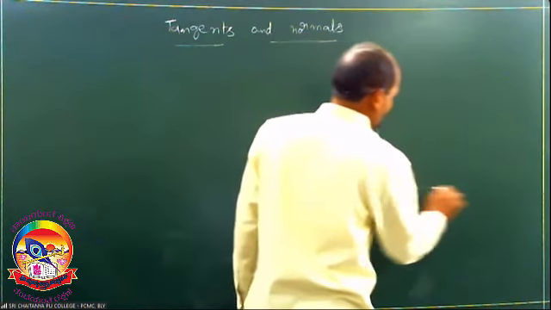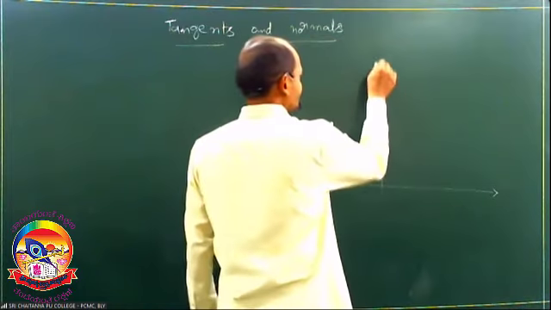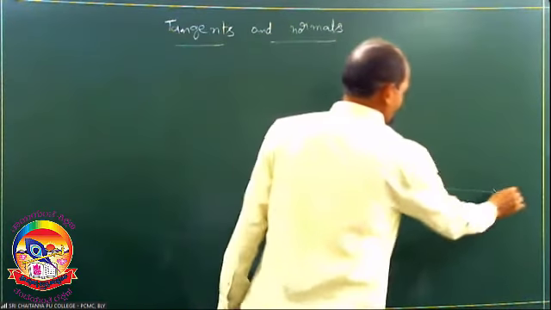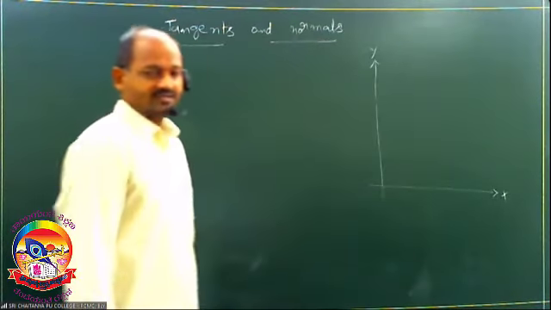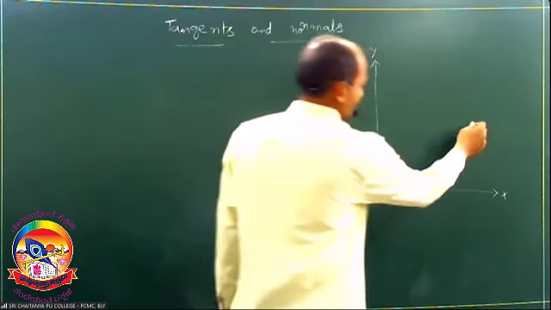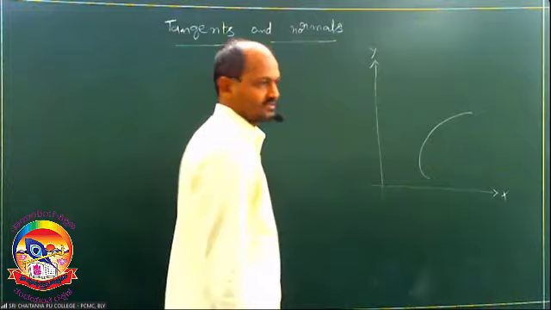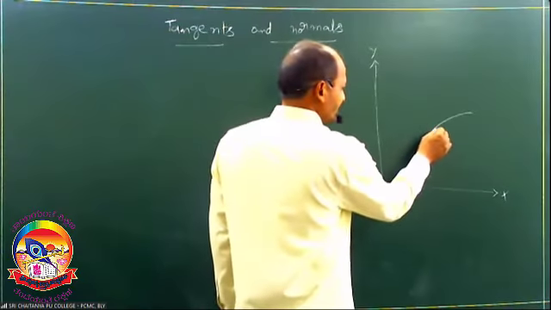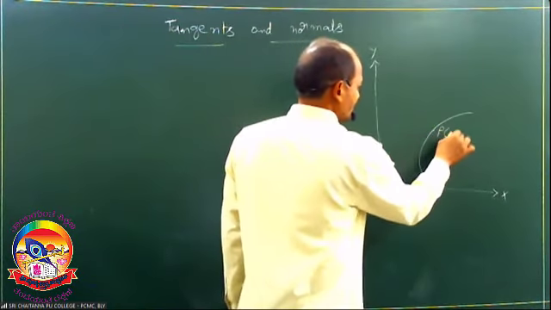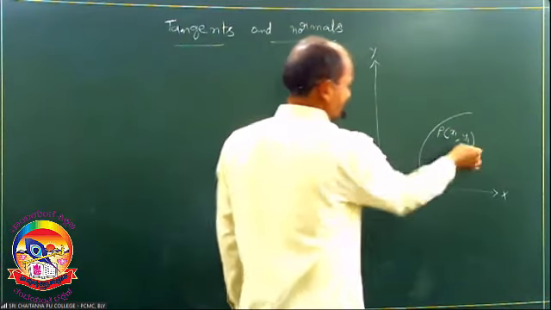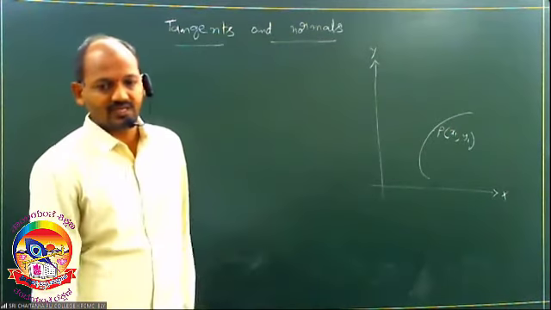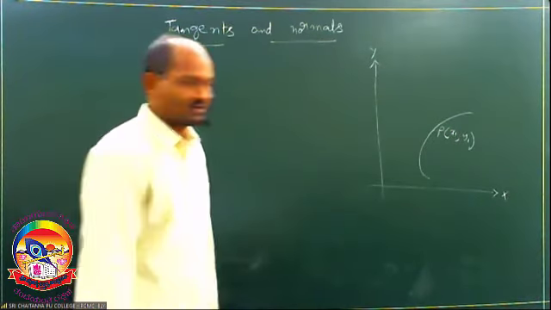Let y equal to f of x be a curve. It is a curve, y equal to f of x. Let P be any one point on that curve, x1, y1. P is any one point on the curve.